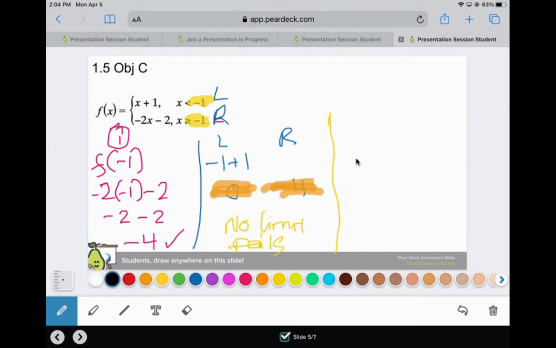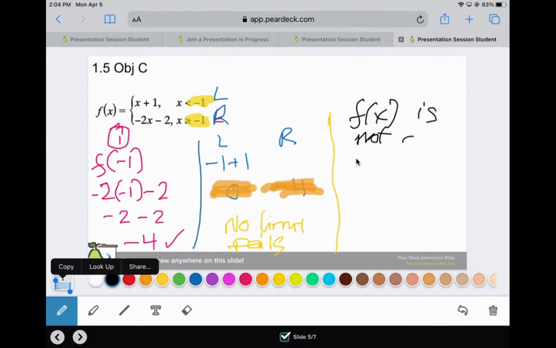Okay, so we can say f of x is not continuous at x = -1.